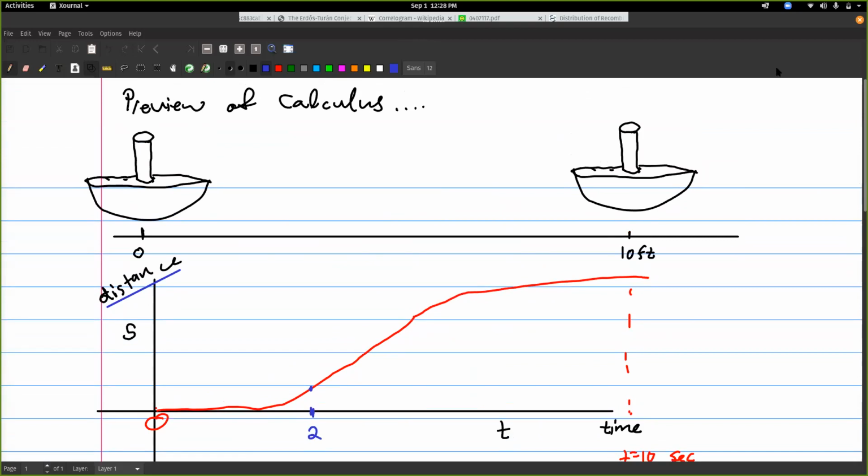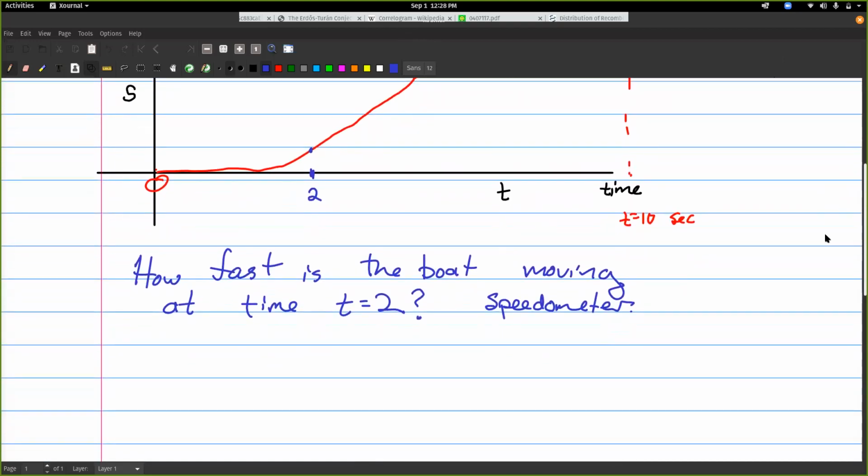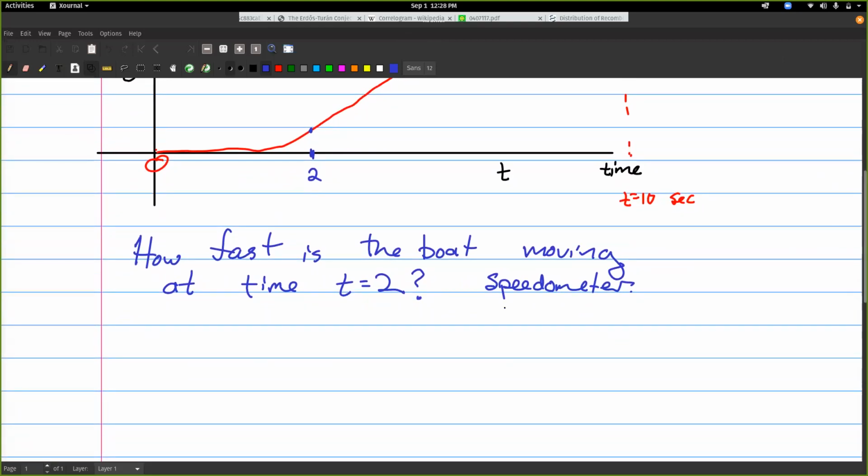And I think Lewis, right? Lewis, can you tell us how they actually determine how fast a boat is going at a given time? You might be muted. You don't have to speak up if you don't want to.